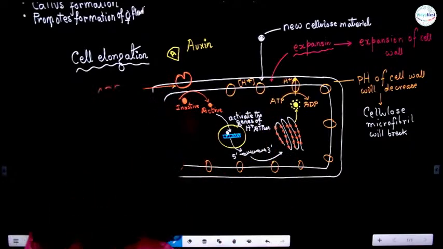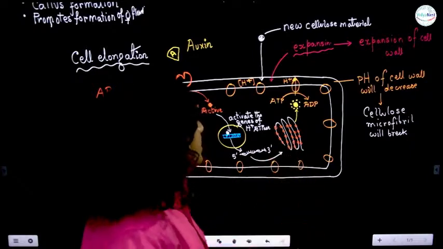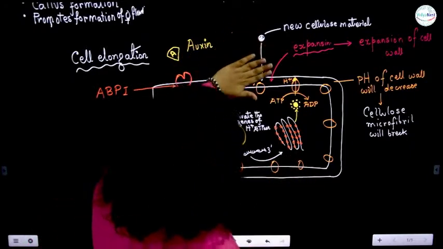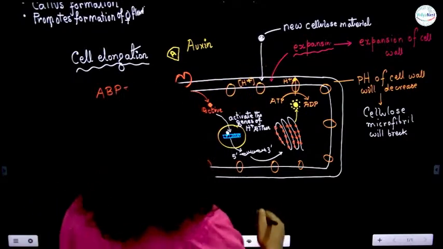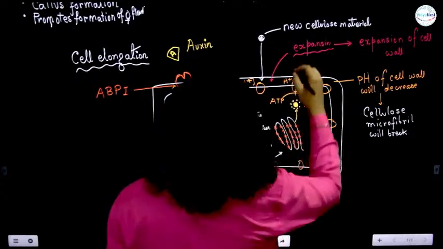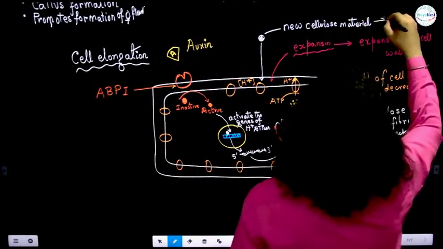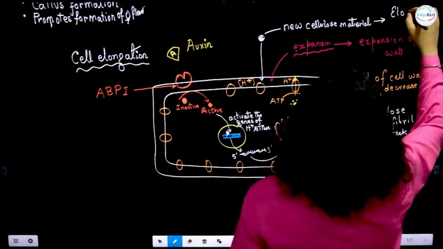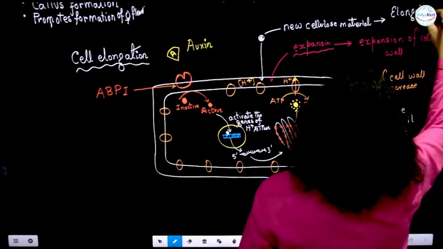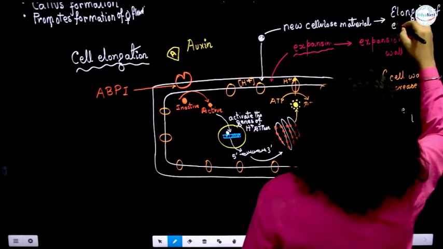New cell wall material will enter into the existing cell wall structure. जैसे जैसे enter करेगा new cell wall material into the cell wall structure, that will result in elongation of the cell.